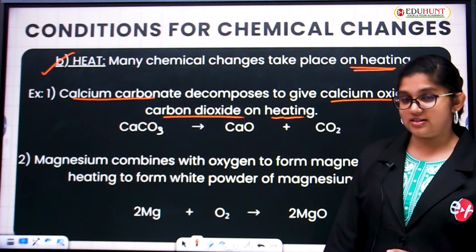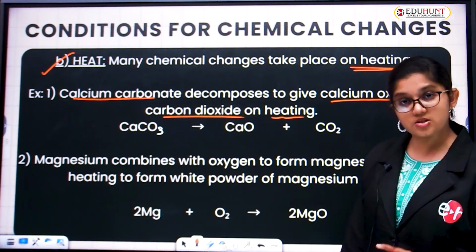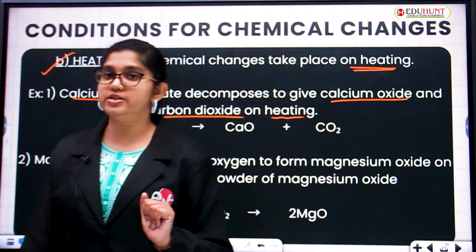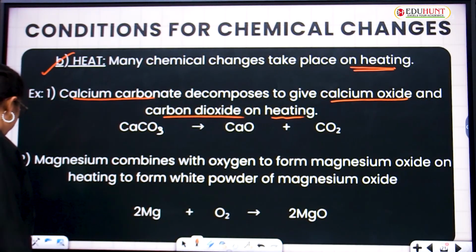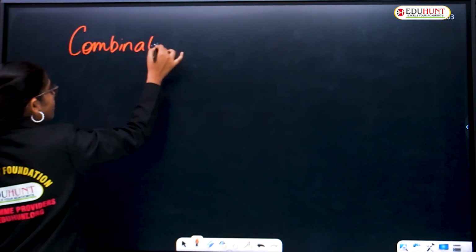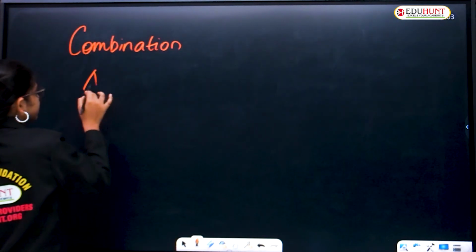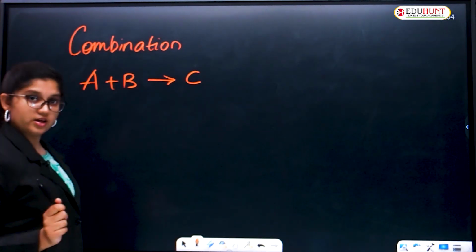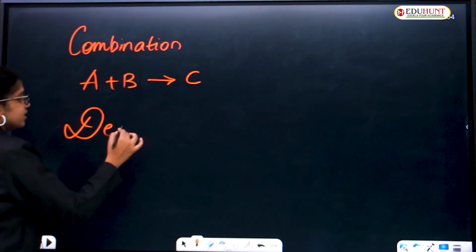So on heating, there is a decomposition process going on. What is decomposition? I told you two reactions in the previous video. Do you remember, children? First one is combination. Combination reaction means two reactants combine together to form one product. And one more is decomposition.